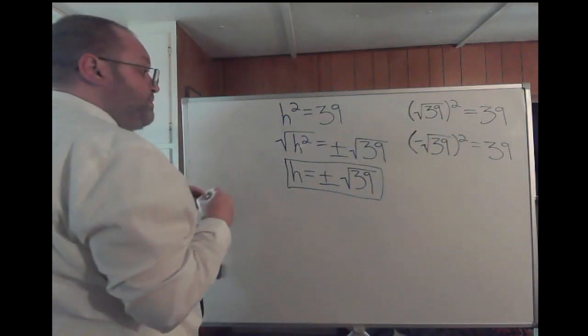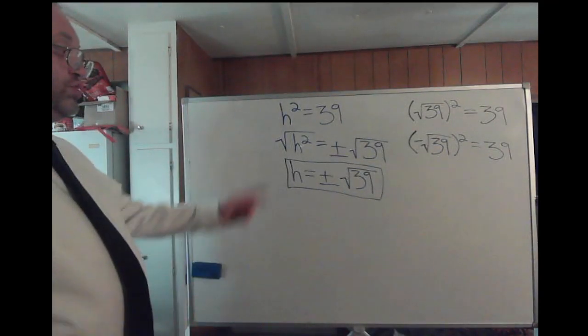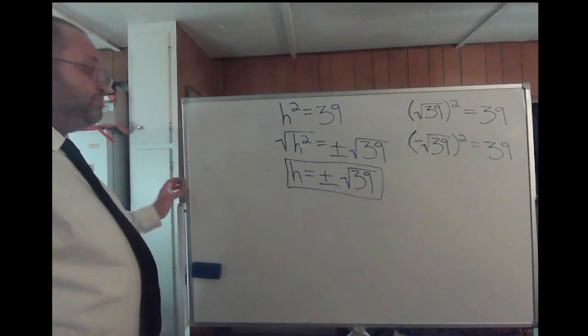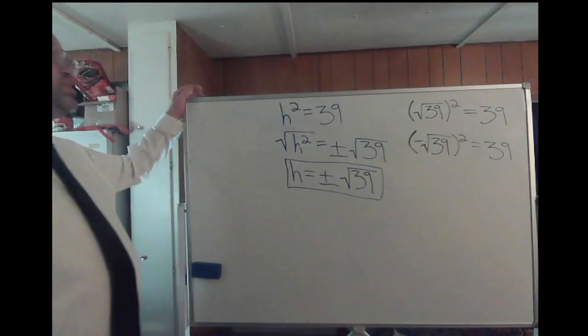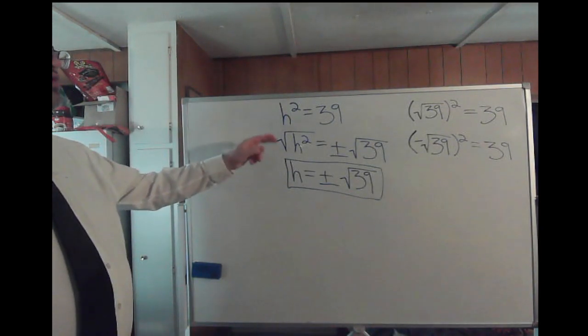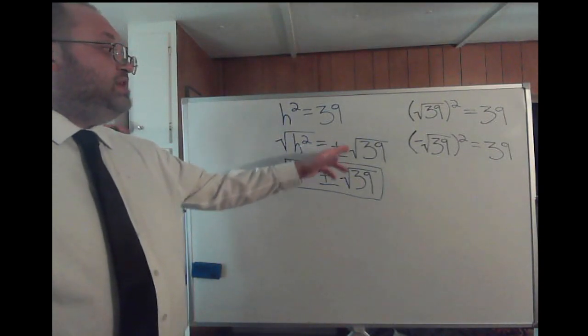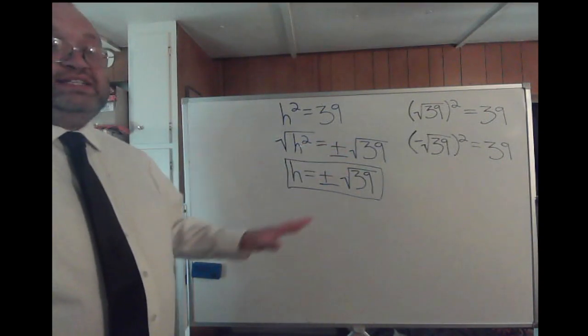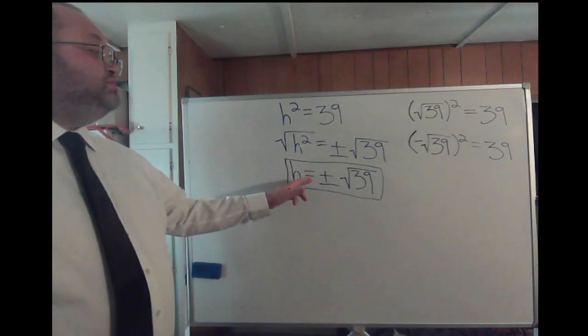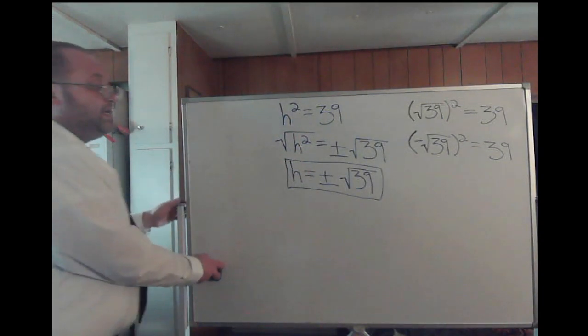So those are ways to check to make sure you got the right solutions. But whenever you do a quadratic, you always take the square root of both sides. But for the side that just has the regular number, it's always going to be plus or minus that square root. You're actually going to have two solutions whenever you have these type of quadratic equations.